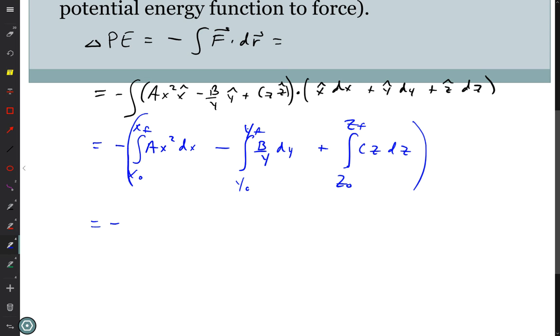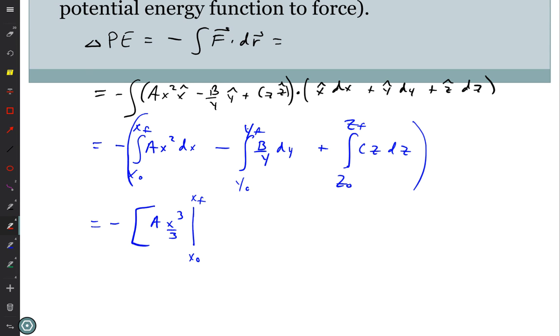So I'm going to have minus bracket ax cubed over 3 going from x0 to x final. What about b over y? Okay, so that's going to be minus b natural log of y, going from y initial to y final.